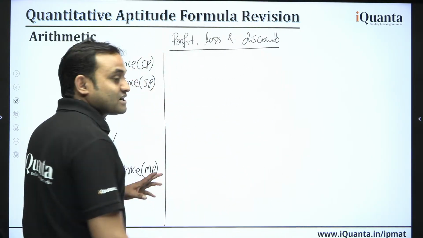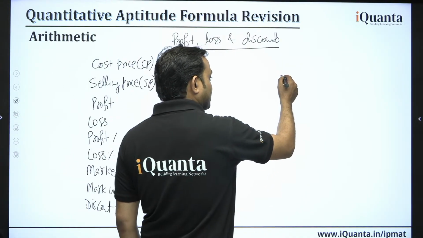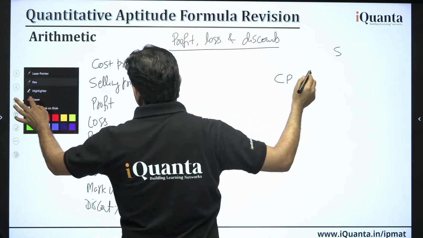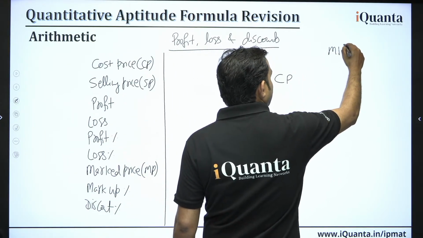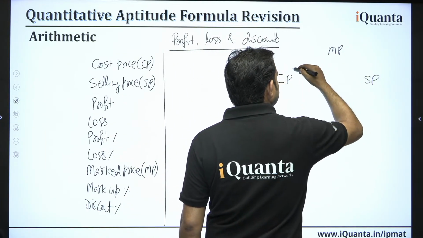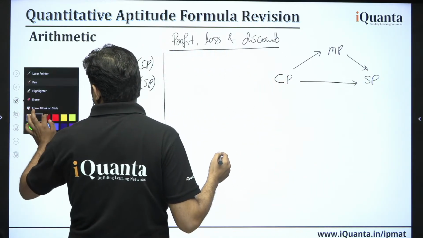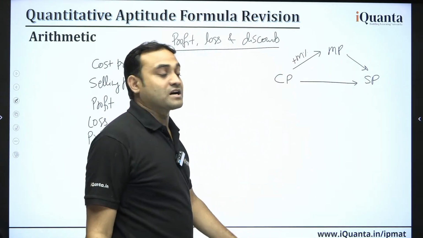So one thing that you should remember, that this triangle, cost price, then mark price and selling price, mark price and selling price, like this. From cost price to mark price, M%, the markup percentage.